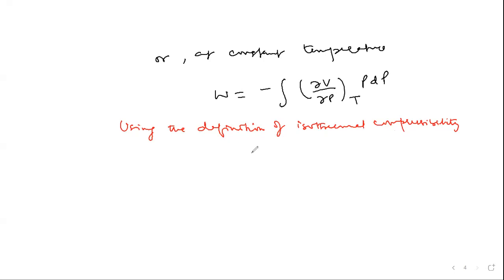So isothermal compressibility is by definition minus 1 over V times dou V by dou P at constant T, right?